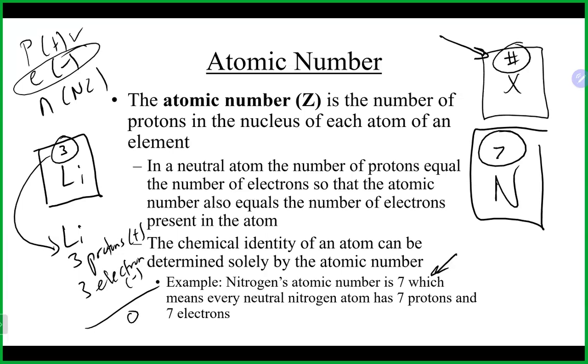This is why the atomic number and the number of protons is the most important number, because if you know the number of protons, you know what element it is, and the only way to change the element is to change the number of protons. So if you do something and the protons stay the same, then you have the same element.